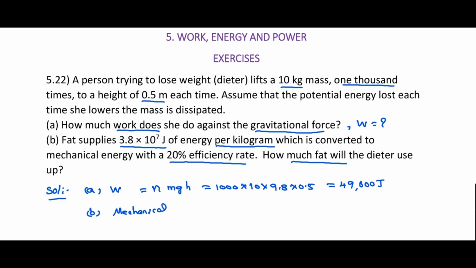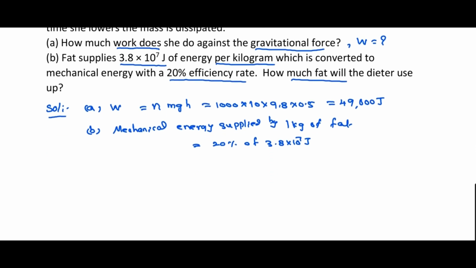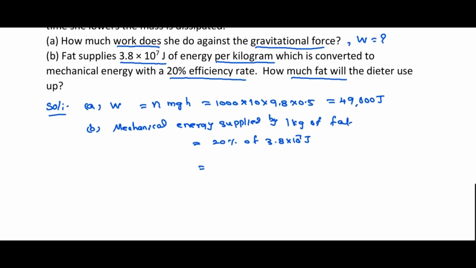Mechanical energy supplied by 1 kilogram of fat is equal to 20% of 3.8 into 10 power 7 joule. 20% means 20 divided by 100 into 3.8 into 10 power 7.